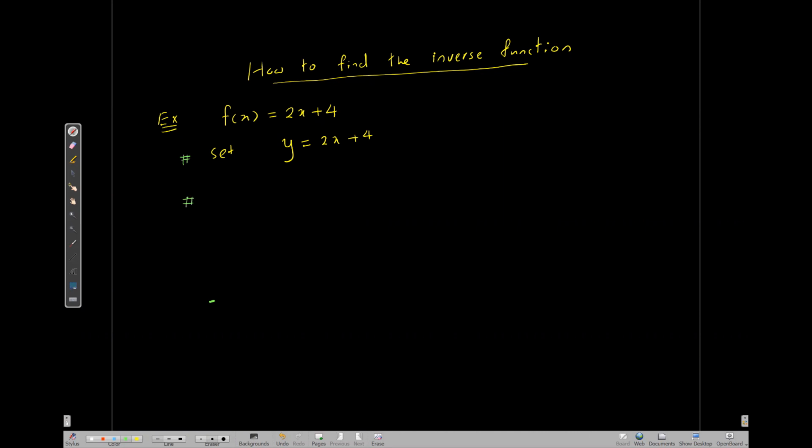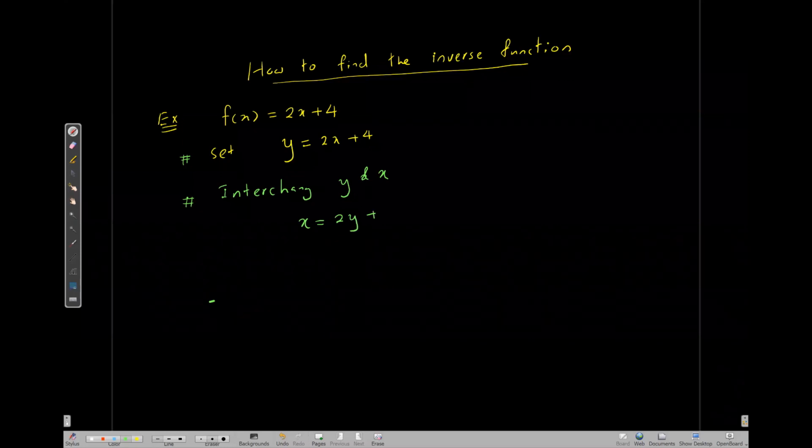The next step is to interchange y and x. So what do I mean by that? Simply, instead of y, you write x, and instead of x you write y: x equals 2y plus 4. So that's the second step. Third step, solve for y.